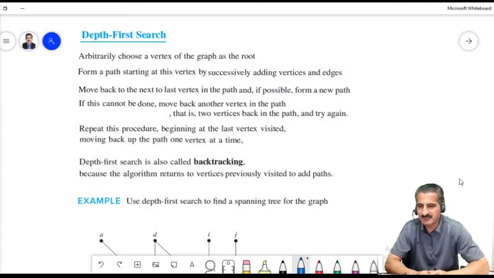What we have seen is by deleting edges, but in here we will learn two algorithms that help us to obtain spanning trees for given simple connected graphs. First algorithm is called depth first search.